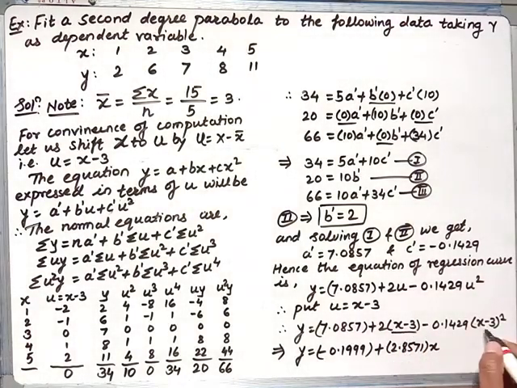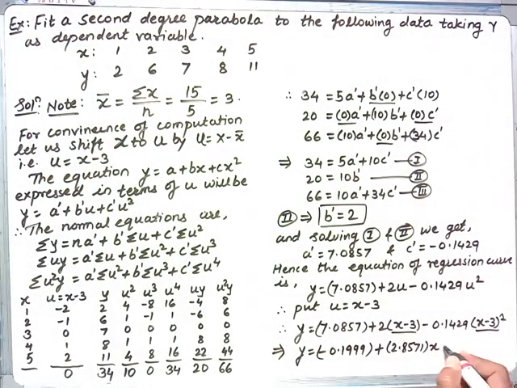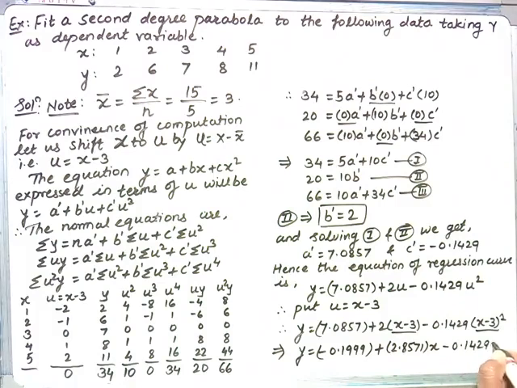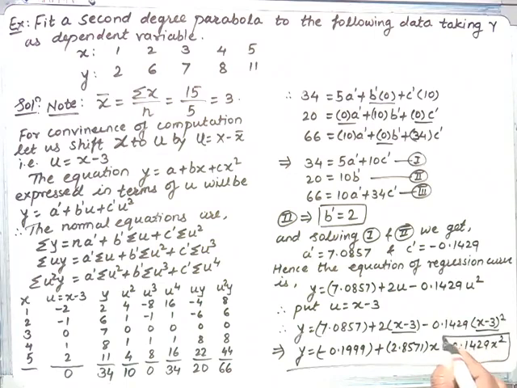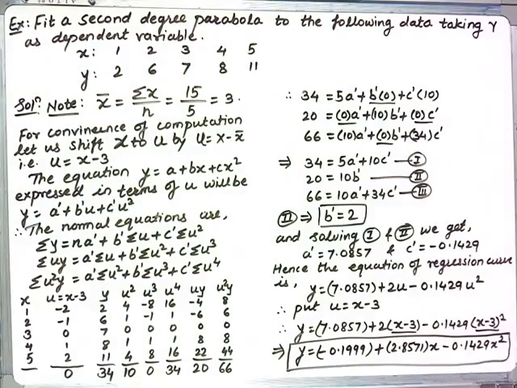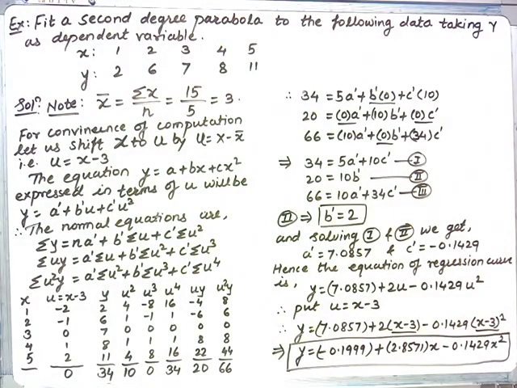You can simplify this, do the square and take the product. Simplifying, we get these. Remember it. Minus 0.1429 x square. This is the required equation of that parabola, that is second degree parabola. Next example we will take in the next video. So thank you.